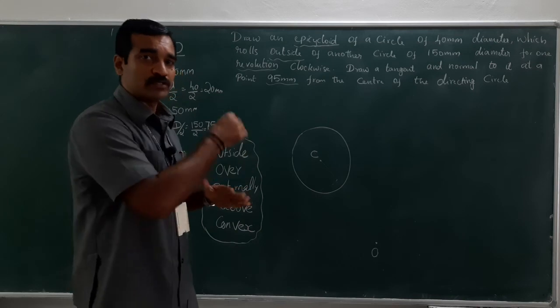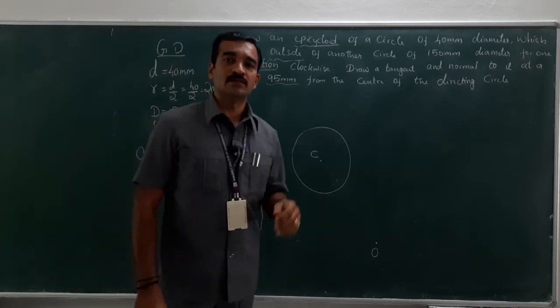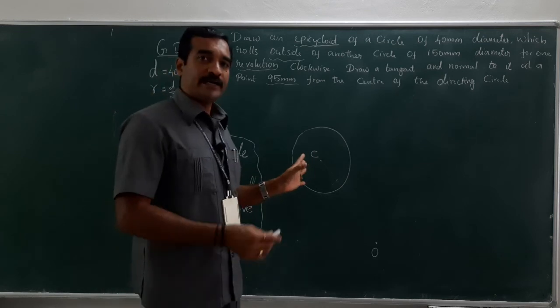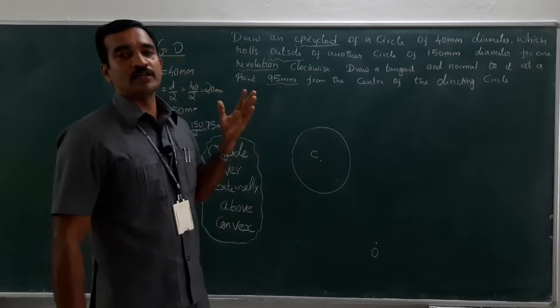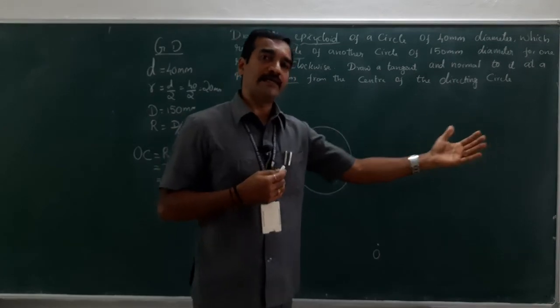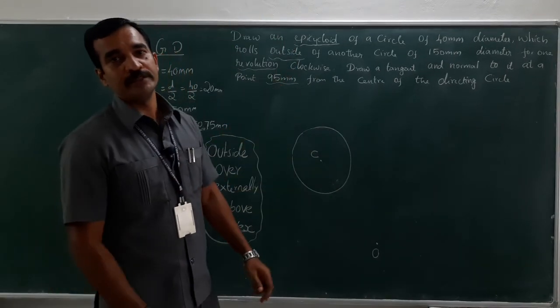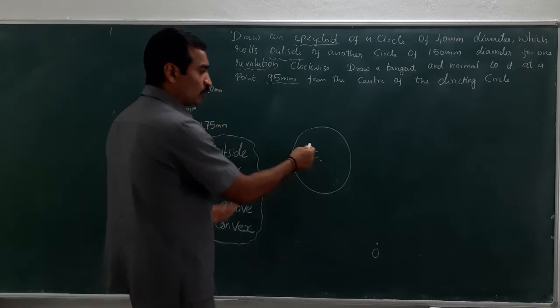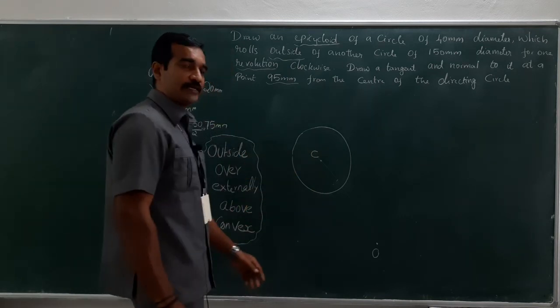What I did to construct the cycloidal curve, that is cycloid, I had divided the rolling circle into 8 equal divisions. Similarly, that base line or directing line I have divided into 8 equal divisions. The same method I am going to follow here. I am going to divide this rolling circle into 8 equal divisions.